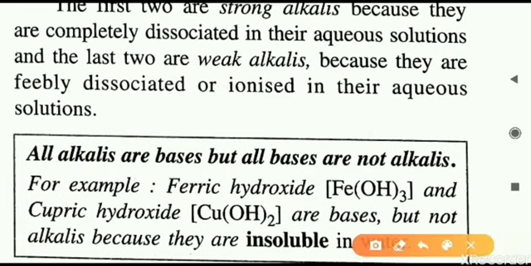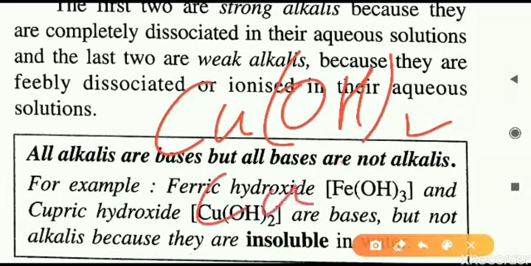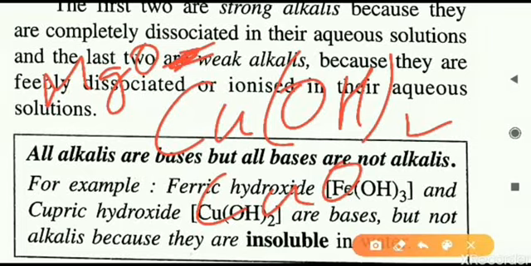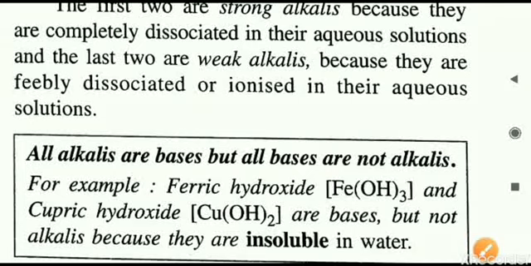Anyone you can take, for example copper oxide, CuO, copper hydroxide, or magnesium oxide, MgO. Any metal oxide or hydroxide other than those of sodium, potassium and calcium. Only these three metals, sodium, potassium and calcium, have their oxides and hydroxides included in this case. I hope it is clear to you about the water soluble and water insoluble bases.